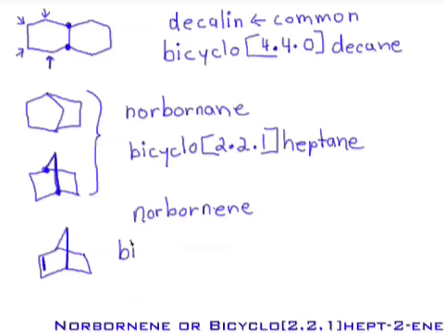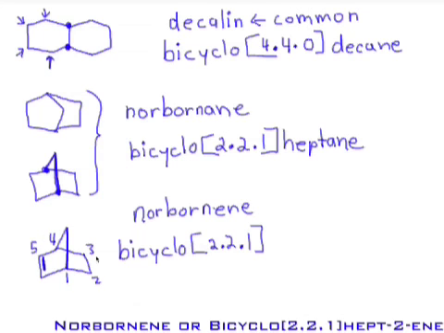It's Bicyclo 2,2,1. That hasn't changed at all. But now we have to number. Notice if I'm numbering along the longest bridge, 1, 2, 3, 4 would not be the numbering I would use, because then an alkene would appear at 5.